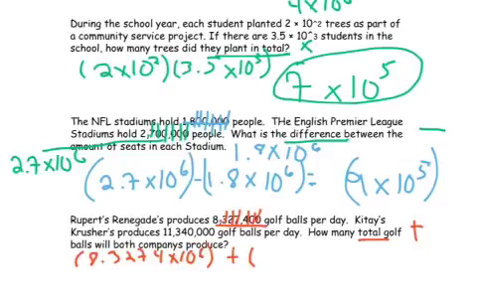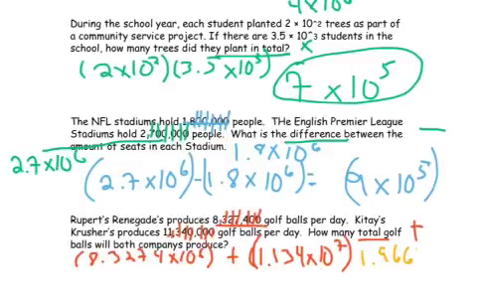And I'm going to add it to Catay's Crushers, which would be 1.134 times 10, and I moved it 1, 2, 3, 4, 5, 6, 7 times. If I add those together and make sure I use my parentheses, my final answer would be 1.96674. I'm running out of room, so I'm going to write it underneath, times 10 to the 7th power.